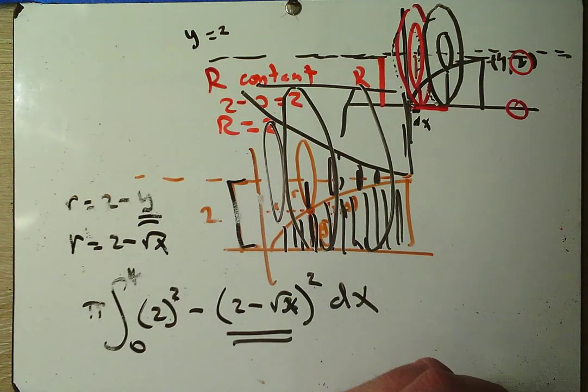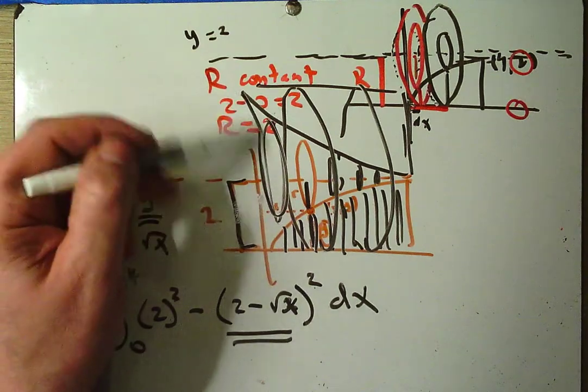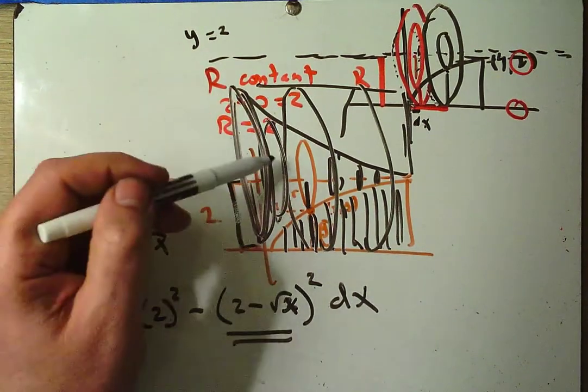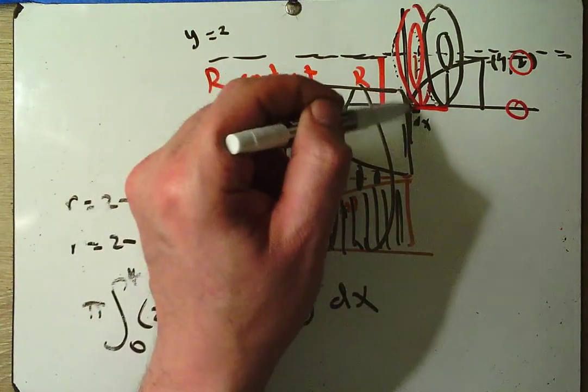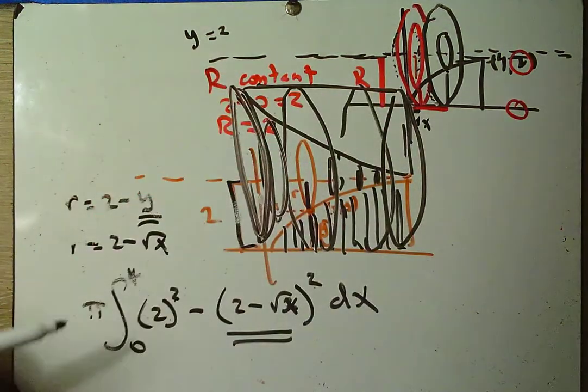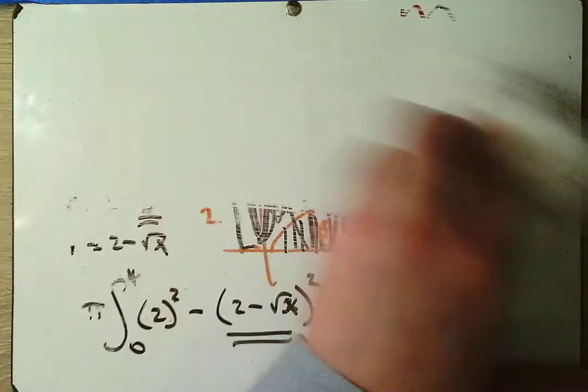Kind of looks like a strange vase to me on its side. The circular hole at the top gets narrower and narrower like a funnel, except it's a funnel inside a cylinder. Okay, there's that one. That was about y equals 2.